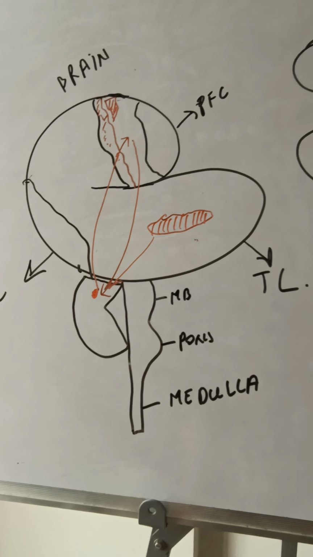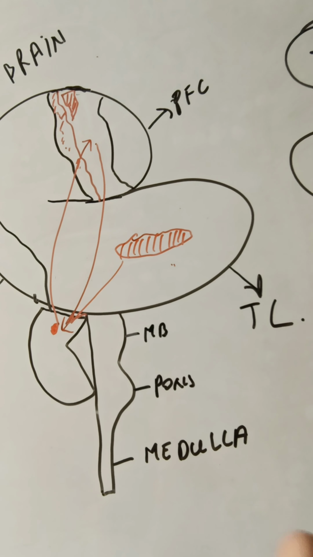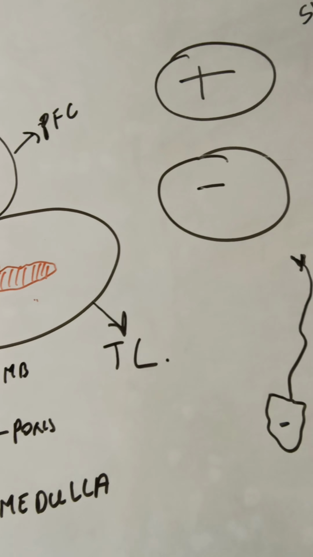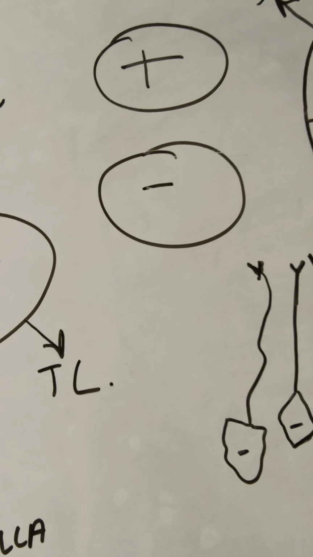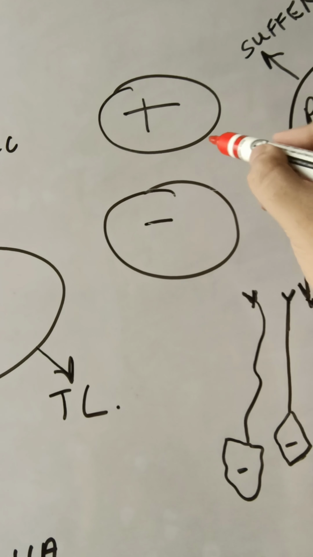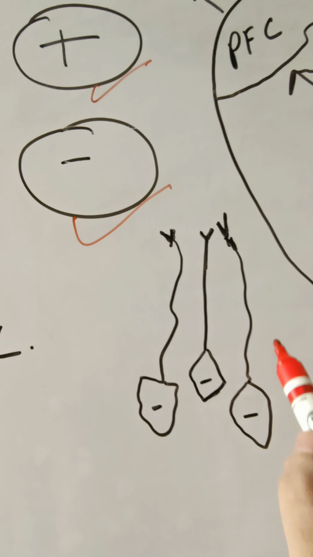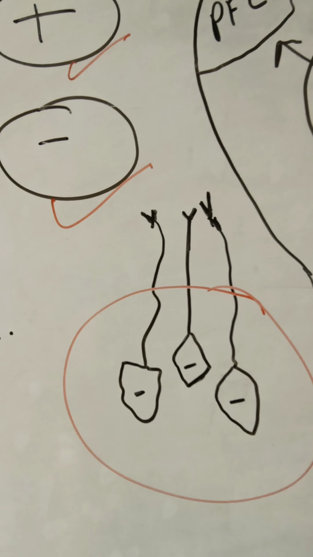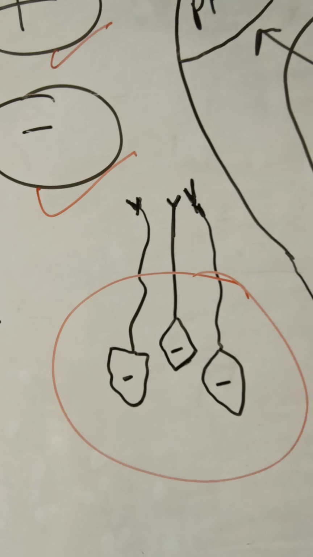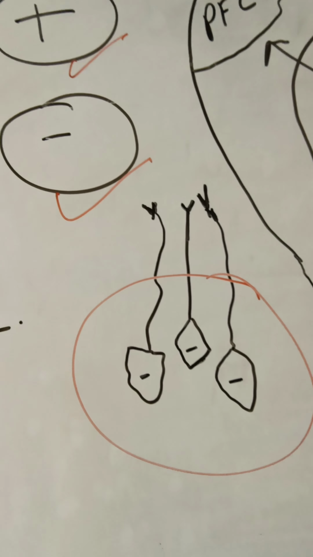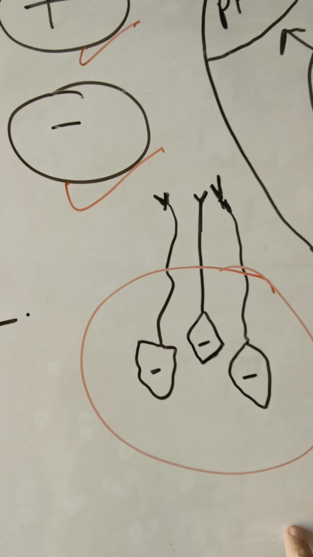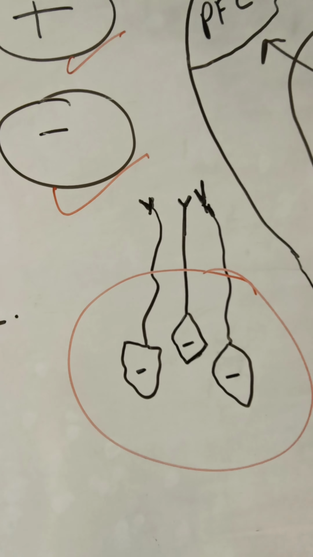Then we go ahead and dissect the brain deeper. These are the positive charge and the negative charge of the neurons, and these are the neurons that communicate with the brain regions.